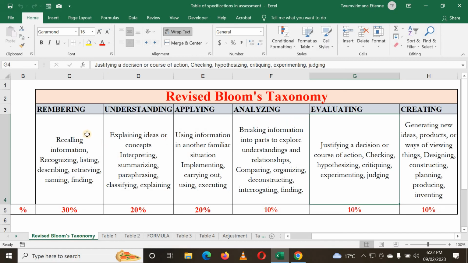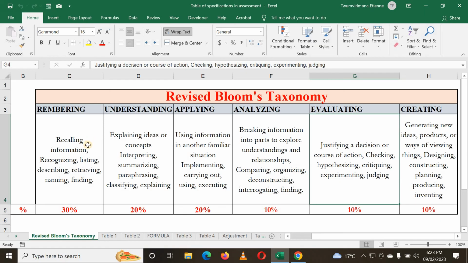You cannot just create or prepare an assessment without thinking of these levels: remembering, understanding, applying, analyzing, evaluating, and creating. All those levels can or must be included in your assessment.